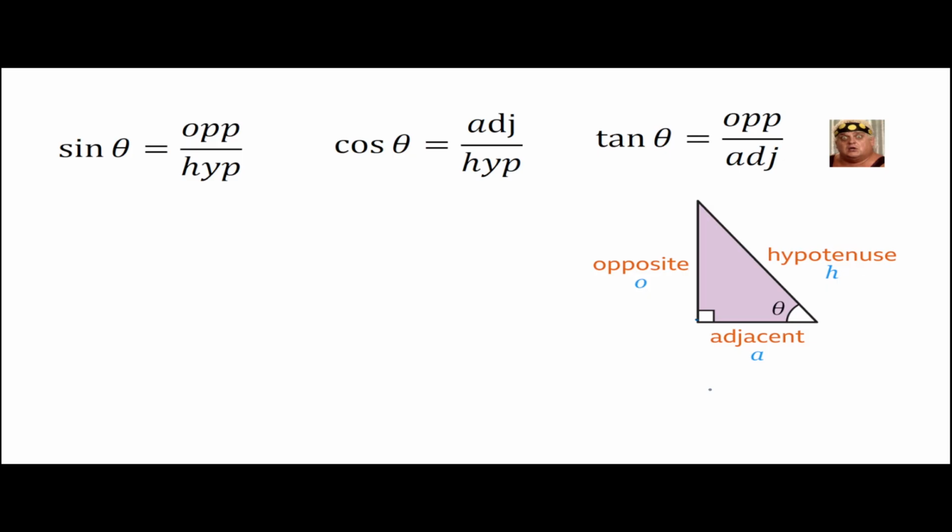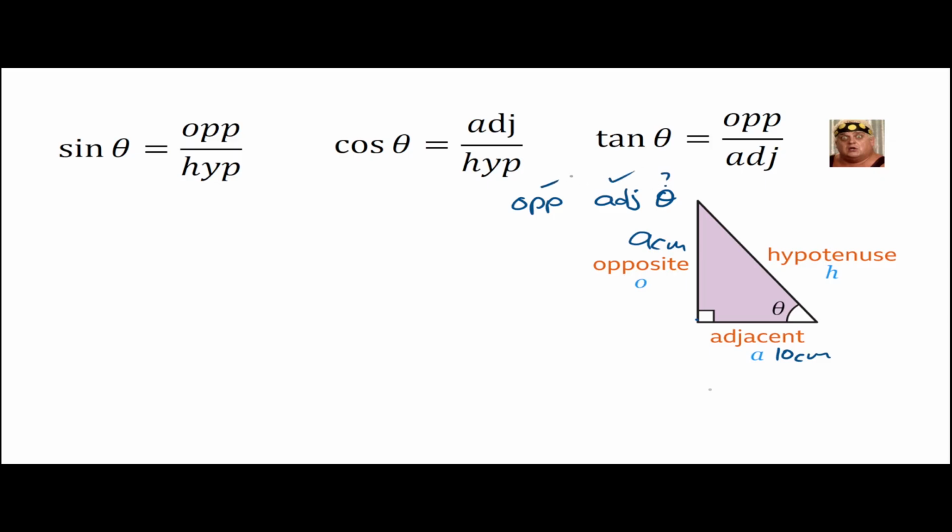This time, let's say that the opposite side is 9 centimeters. The adjacent side is 10 centimeters. Obviously, this isn't to scale. Which one are we going to use? Well, we've got the opposite side, we've got the adjacent side, and we're looking for theta.